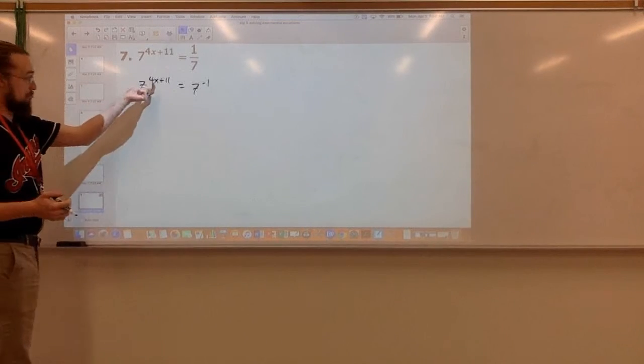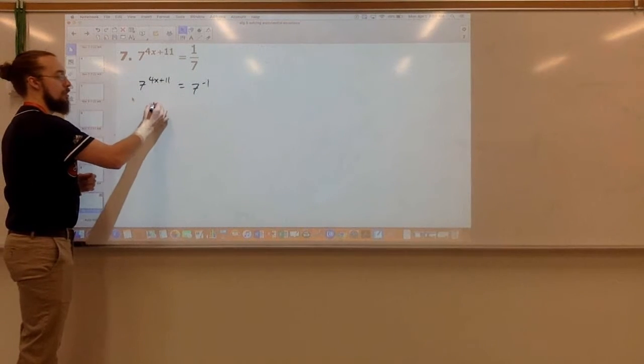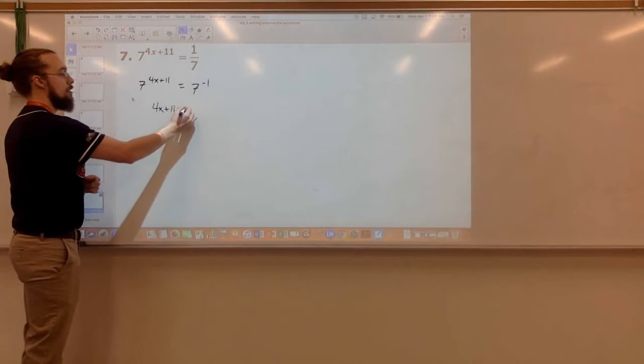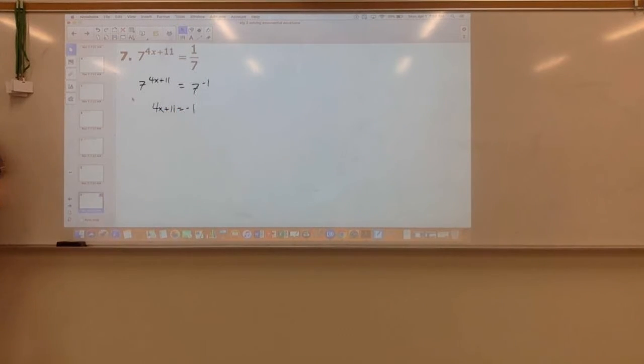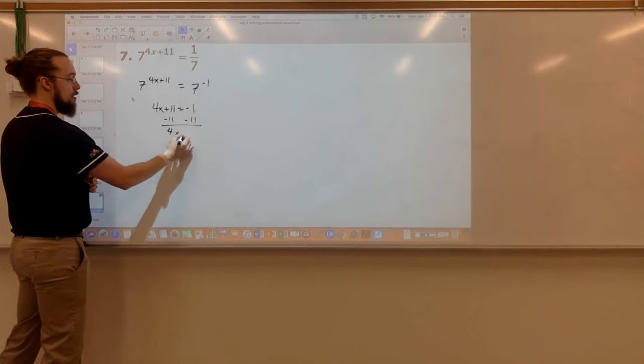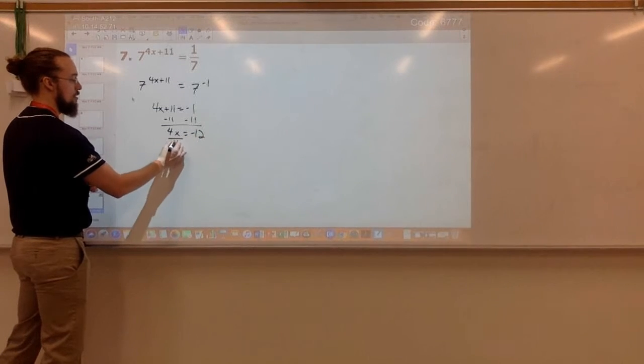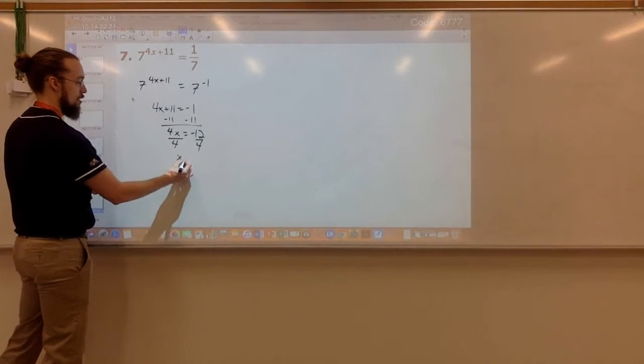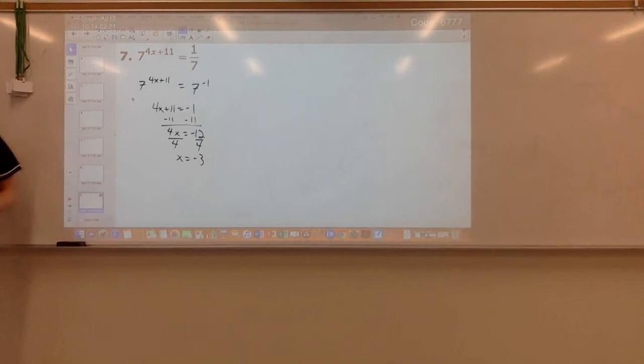So now I can set my exponents equal. 4x plus 11 equals negative 1. Subtract 11. Divide by 4. We get -3. You feel okay with this one?